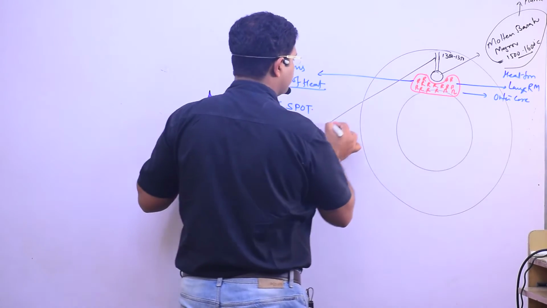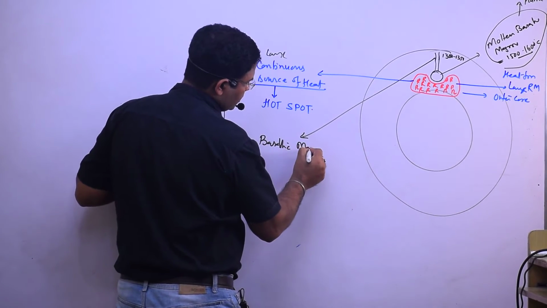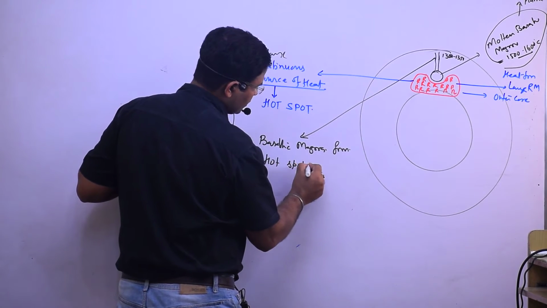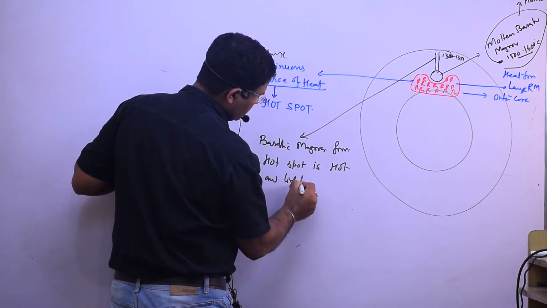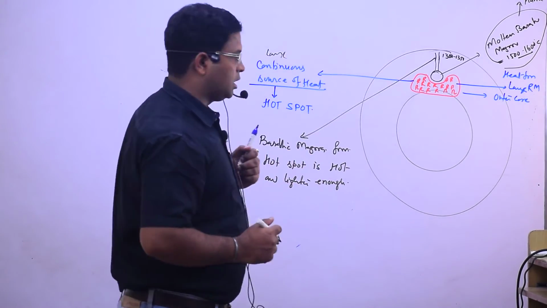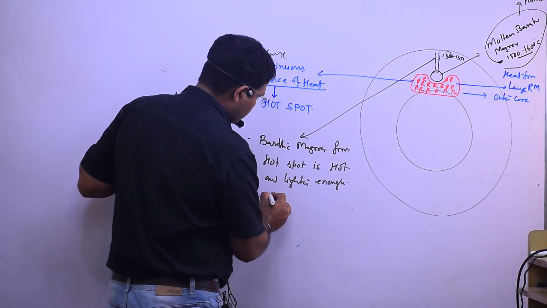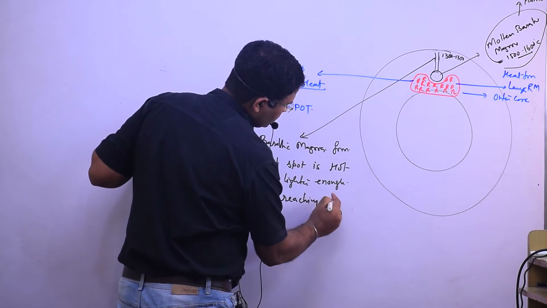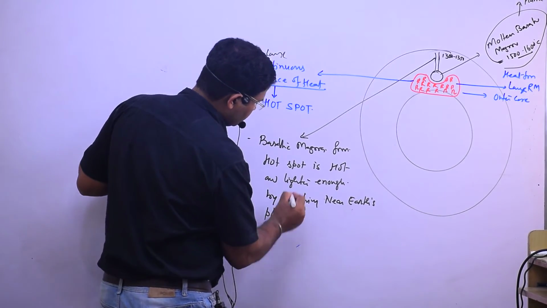This basaltic magma from the hot spot is hot and lighter enough by reaching near the Earth's plate.